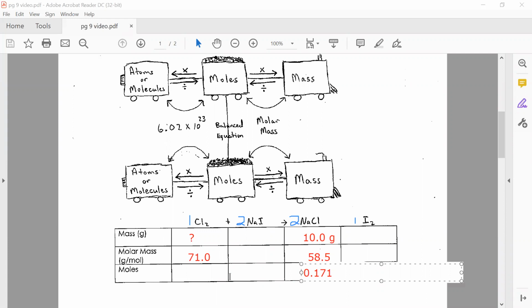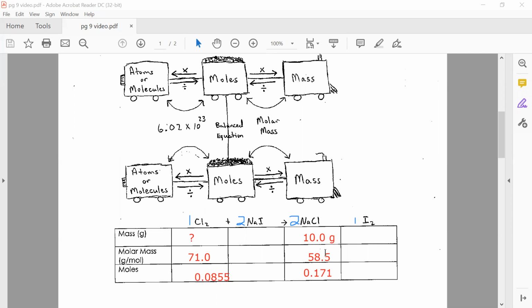Now, when I go from here to here, I'm coming from the 2 going to the 1. So it's going to be half as much. So I'm going to take this number, divide by 2, and that gives me 0.0855. Notice it's a small number, but I'm going to keep all the figures. 0.0855 is going to go there. So this number, 2 is twice as big as 1, 0.171 is twice as big as this.